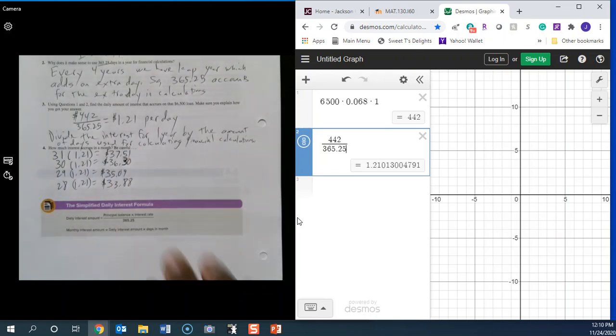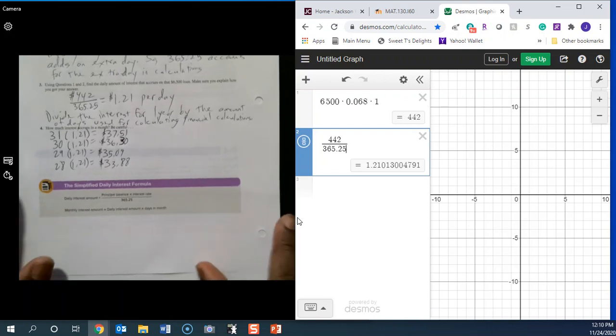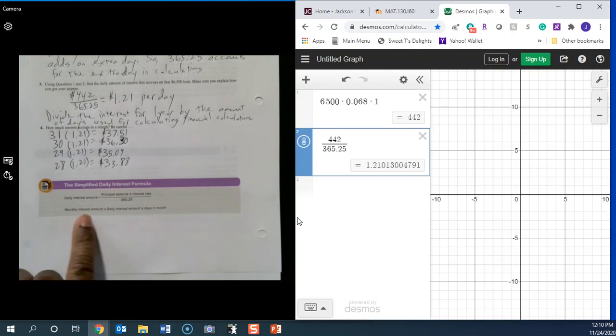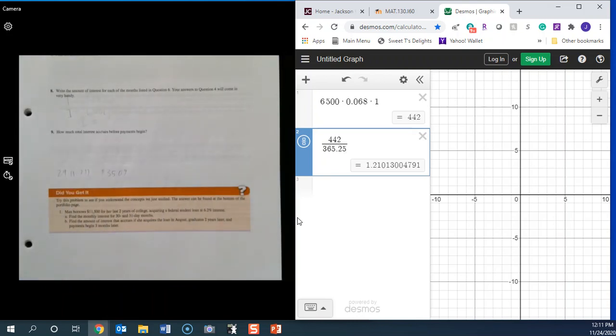All right, so it says here, the simplified daily interest formula: daily interest amount is equal to principal balance times interest rate divided by 365.25. Monthly interest, well, it tells you this here. Monthly interest amount is daily interest amount times days in a month. Okay, now we move on to the next page.